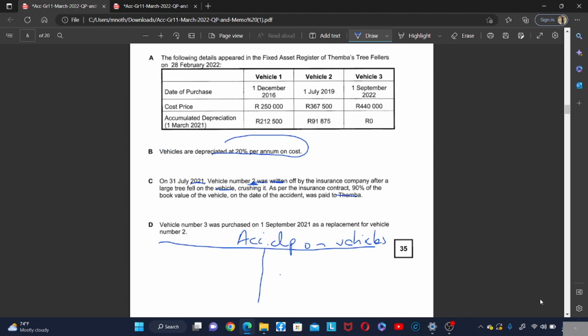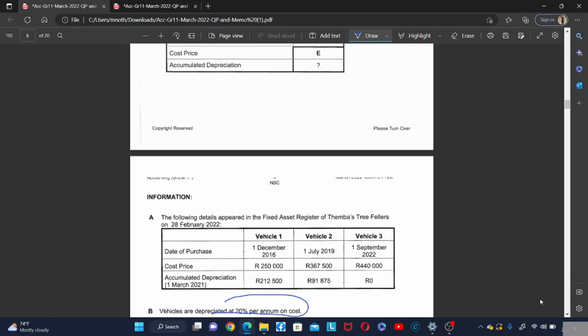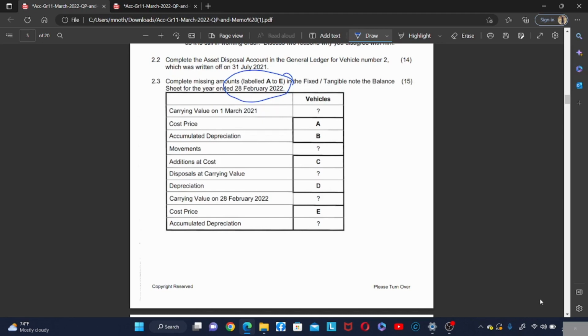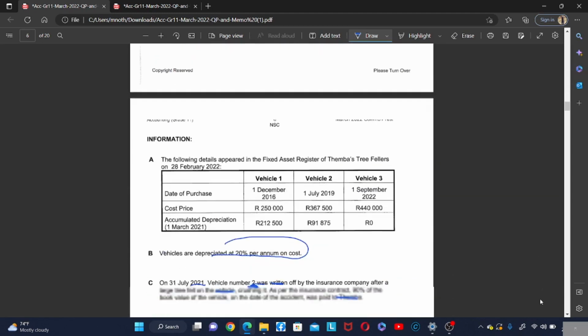Okay, so our year starts on 1 March 2021. We are saying it starts on 1 March 2021 because it ends on 28 February 2022.